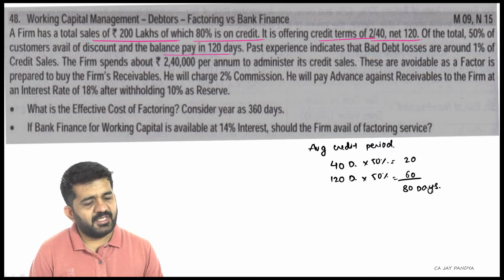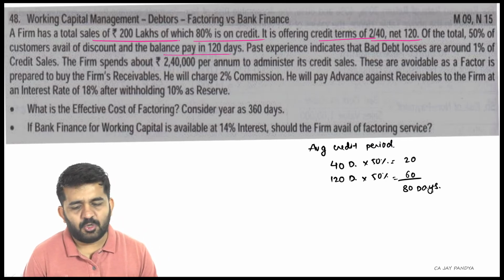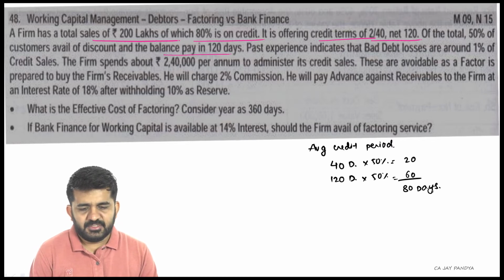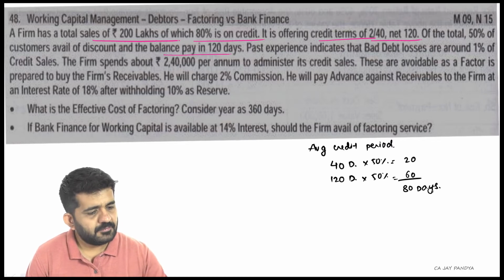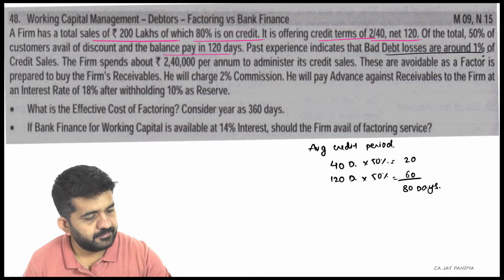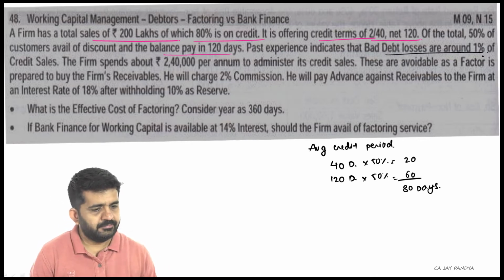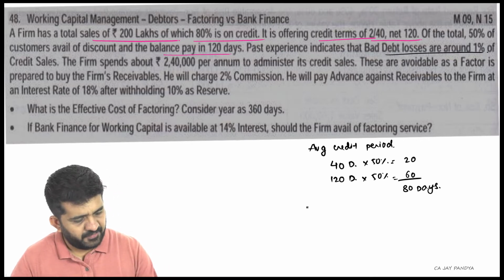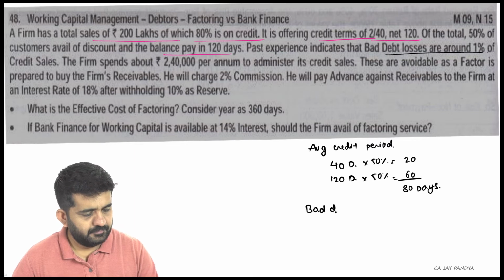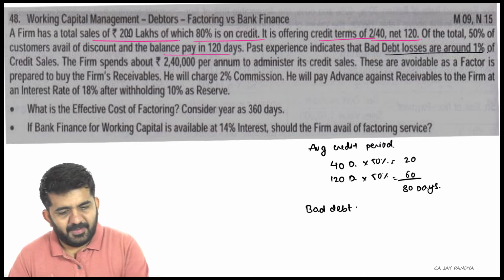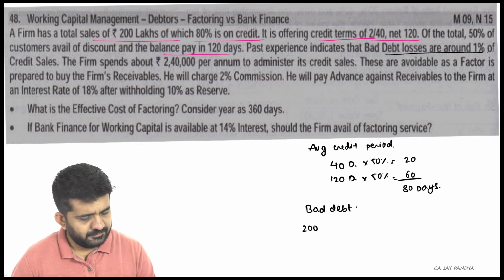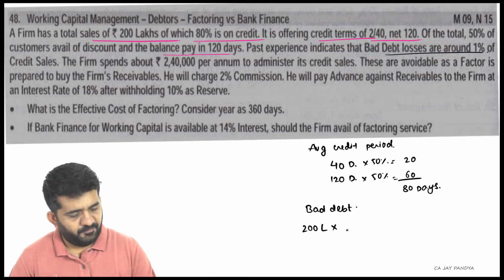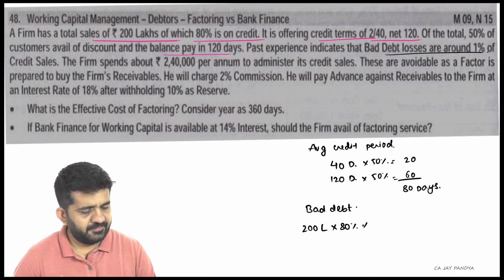Past experience indicates that bad debt losses are around 1% of credit sales. So those are bad debt losses. Let me find out the bad debt figure. Sales are 200 lakhs, out of which 80% is credit.